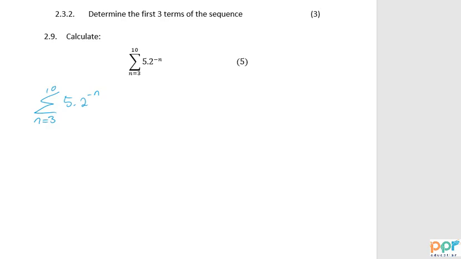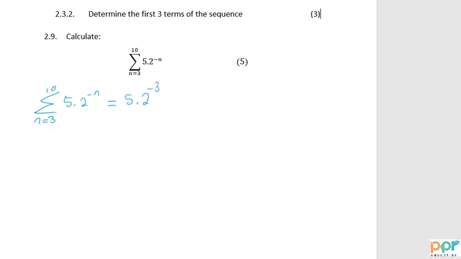Okay. Now, firstly, you need to find the terms. The first term must be when n starts at 3 again.